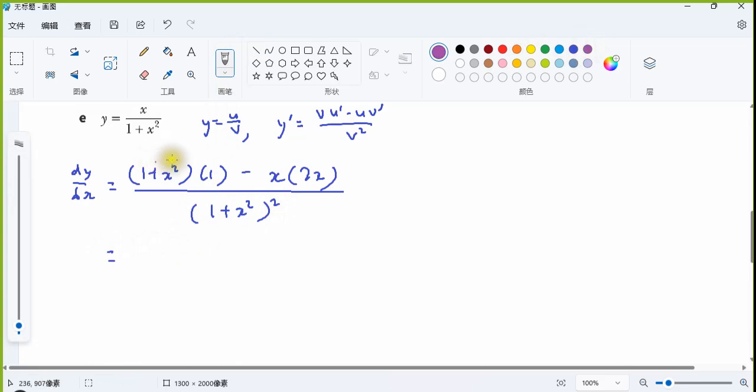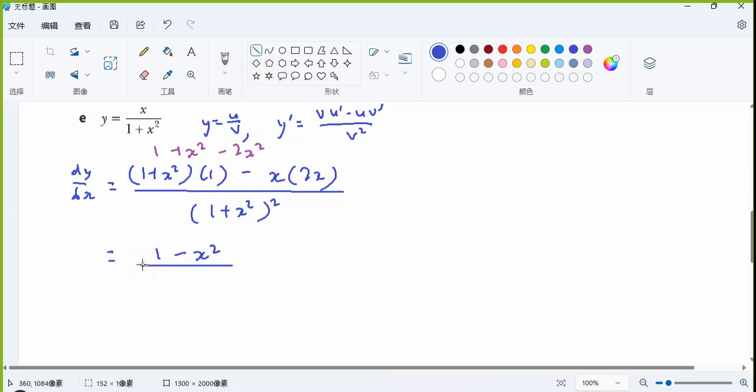So this will be 1 plus x squared minus 2x squared, so it's 1 minus x squared, over (1 plus x squared) squared.